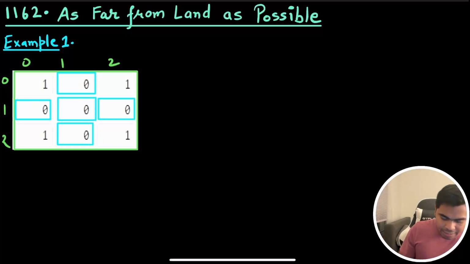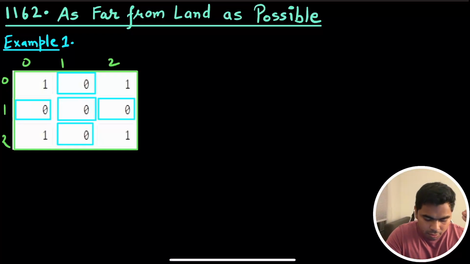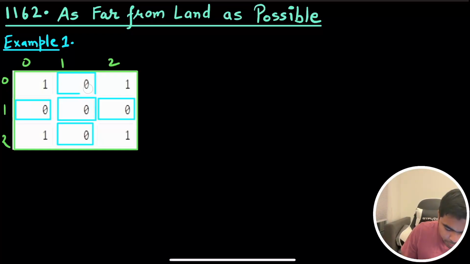But there is another way to it, which will really simplify things for us. Instead of running BFS from these zeros, which, when you're thinking logically, stops as soon as you come across a one, like choosing this cell, and once you come across this one, then you stop.